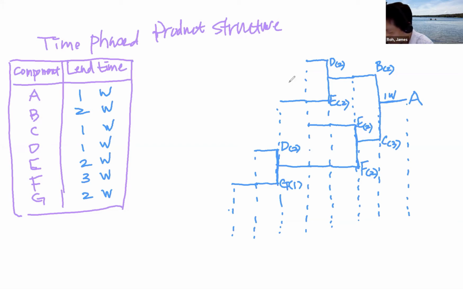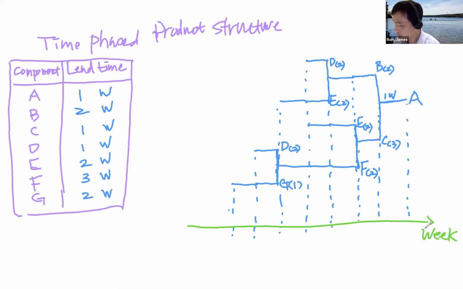And now you are able to draw this horizontal line. So it says week, right? And that's components.